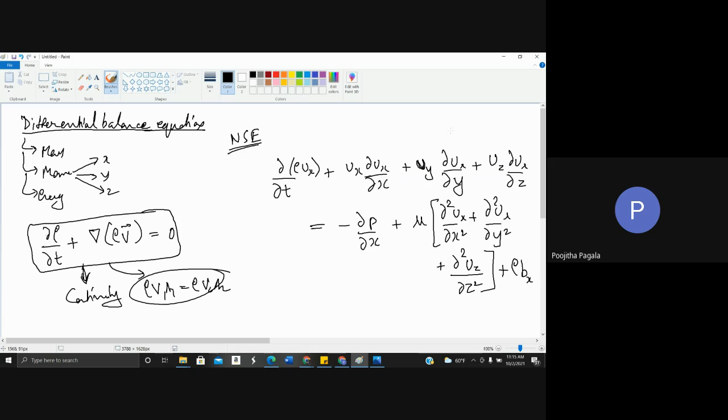So this is your Navier-Stokes equation for the x direction. Let us analyze this equation and understand what each term of this equation means. So dou by dou t of rho vx. Remember, this is the Navier-Stokes equation for the x momentum only.